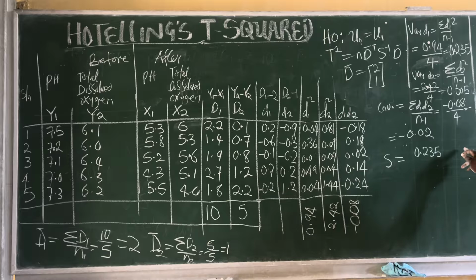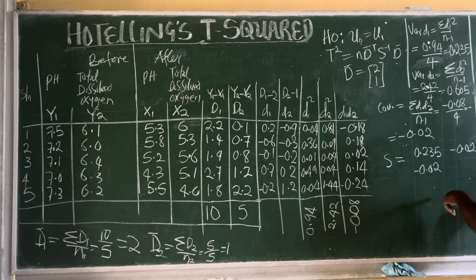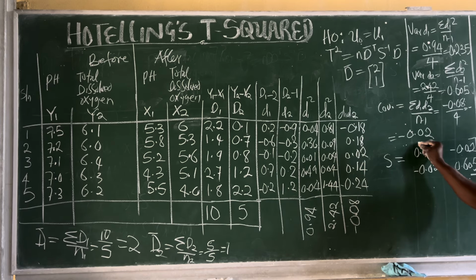Then the covariance, remember it is the covariance D1, D2 and D2, D1. So D1, D2 is minus 0.02. So D2, D1 will be minus 0.02. And then the variance of D2 is 0.605. So this is our variance covariance matrix.